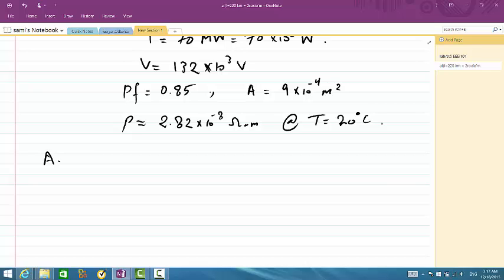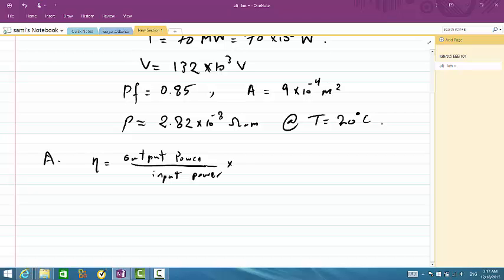So the efficiency of the line is the output power over the input power, times 100. The output power is 70 megawatt.